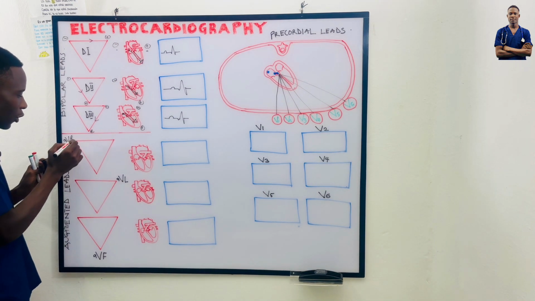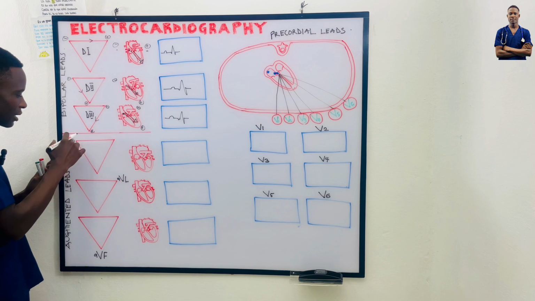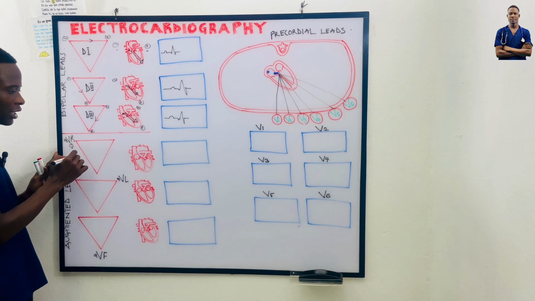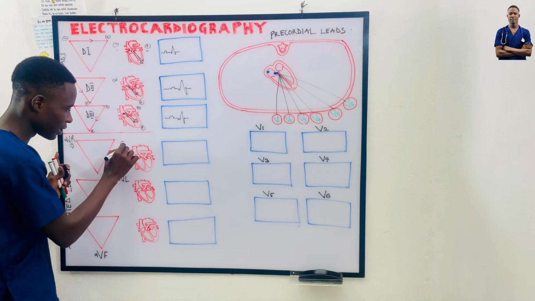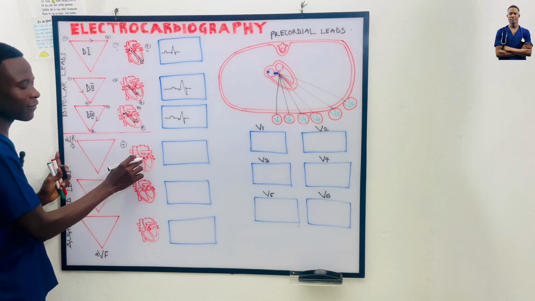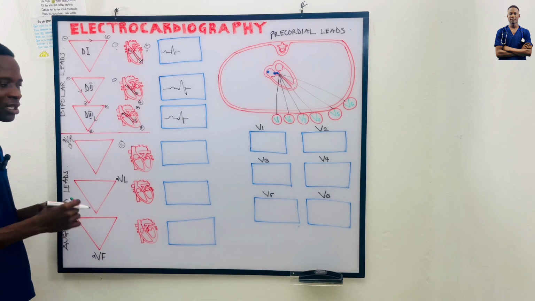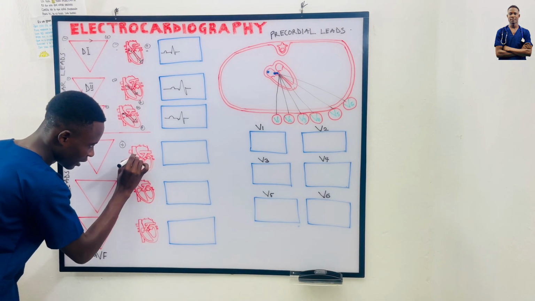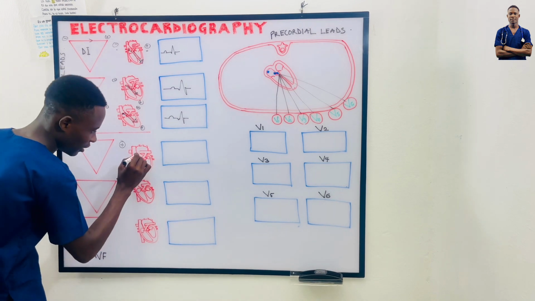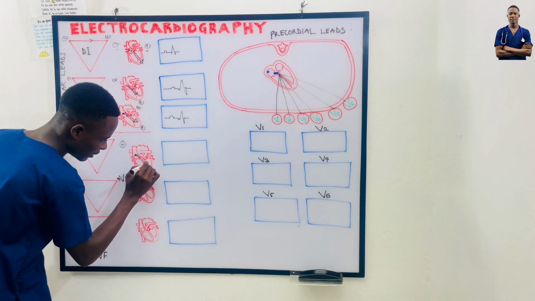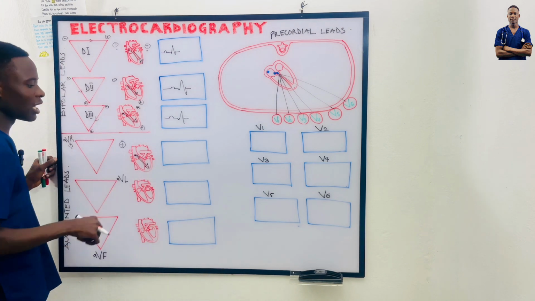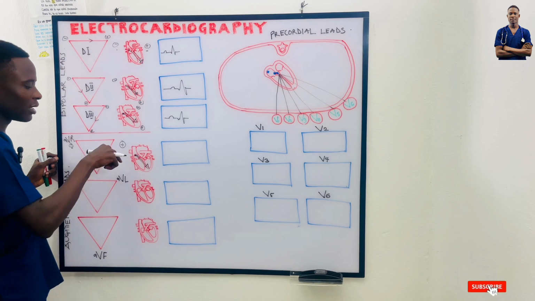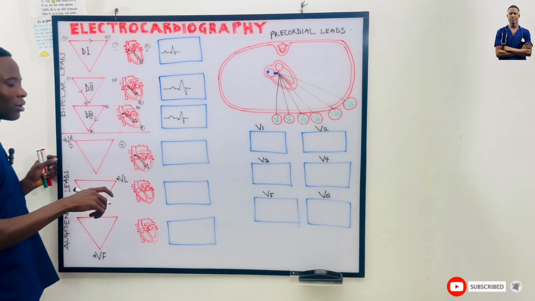Now from here, it has our positive electrode over here. So our positive electrode is actually here, and then the heart will serve as our negative imaginary electrode. So as we generate the action potential over here, the movement of the vector will be going downwards. So as the vector moves downwards, it is moving away from the positive. And I said when the vector moves away from the positive, what happens?